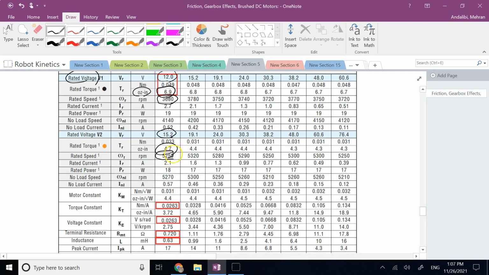So use this combination if you want for the second voltage, or use this combination for the first voltage. Clearly, you see the first combination gives you more torque, lower RPM. The second one suggests less torque, more RPM. And definitely the product of these two terms are not going to be the same because the voltages are not the same. So this is those guys.